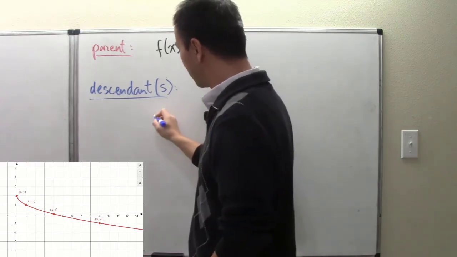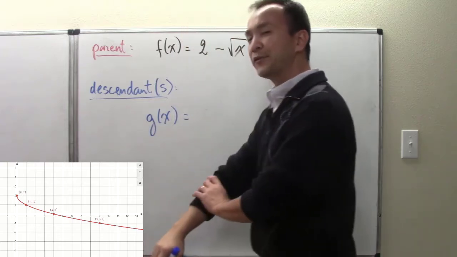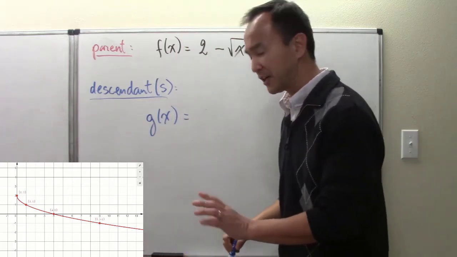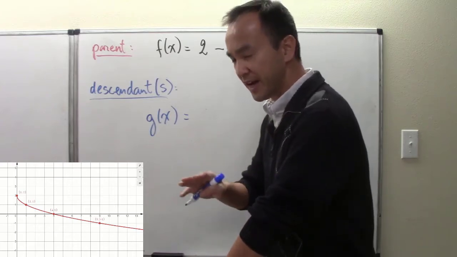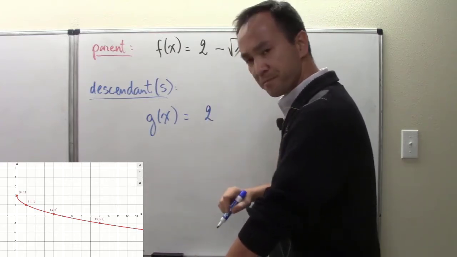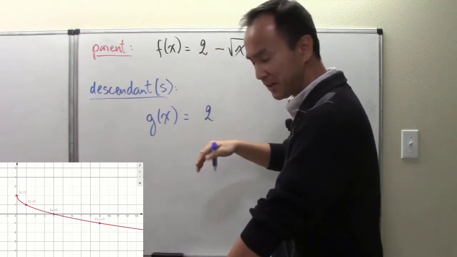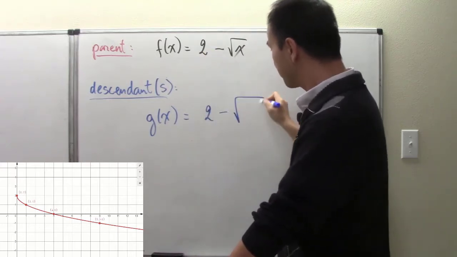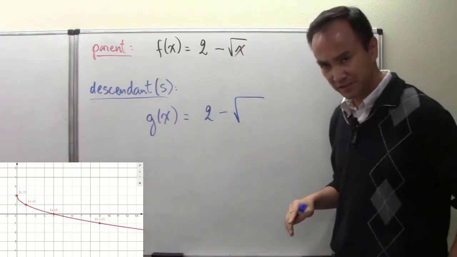I'm going to create a descendant g of x. I'm going to define g of x as 2 minus square root of 2x, with the same rule as the parent.